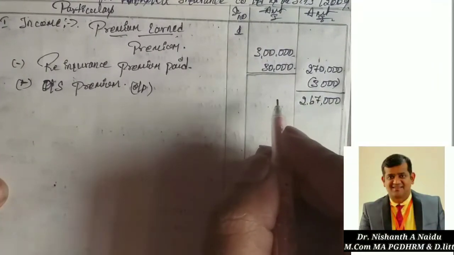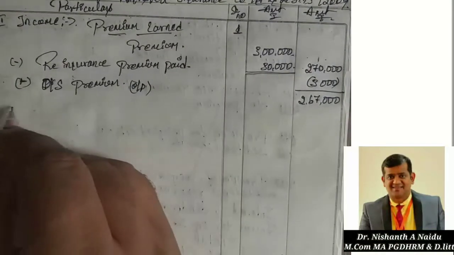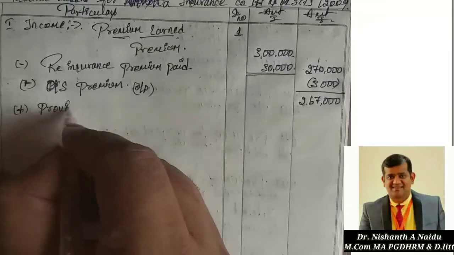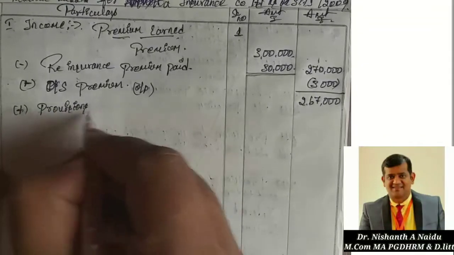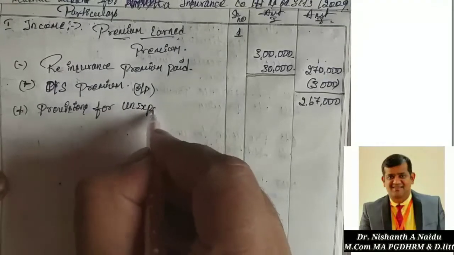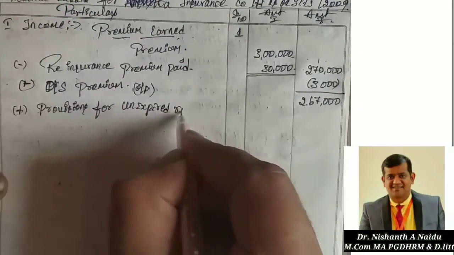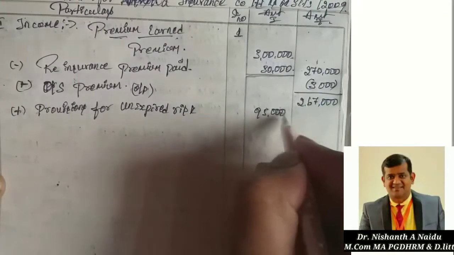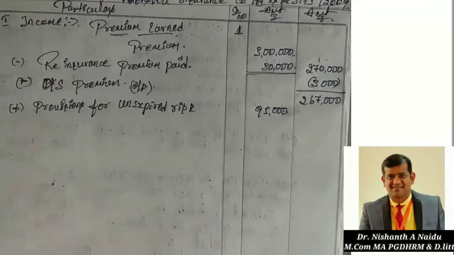2,67,000 rupees. Okay, now add provision for unexpired risk. So how much? 95,000 rupees. Provision for unexpired risk, 95,000 rupees.